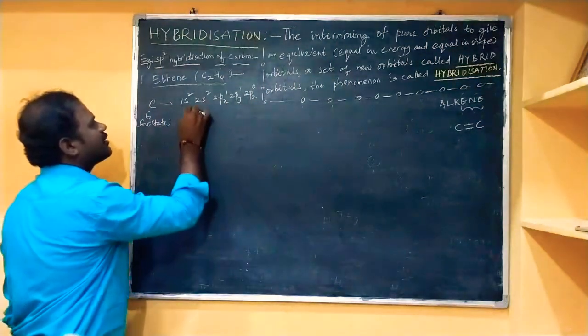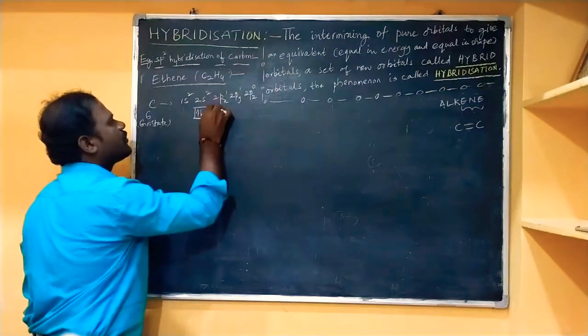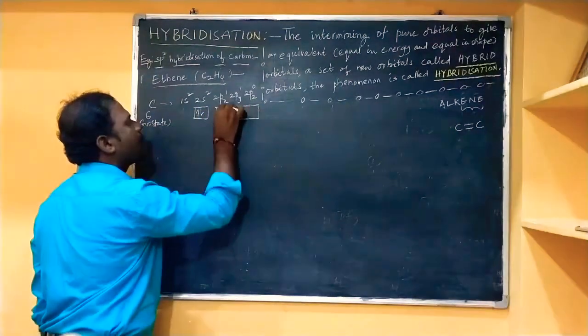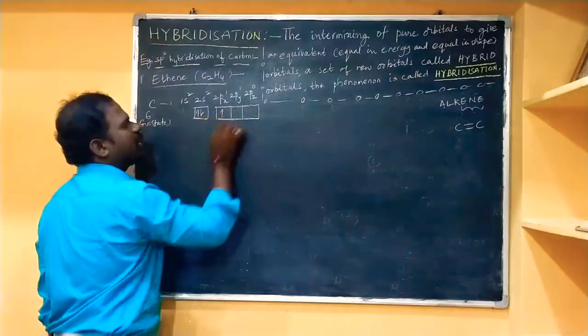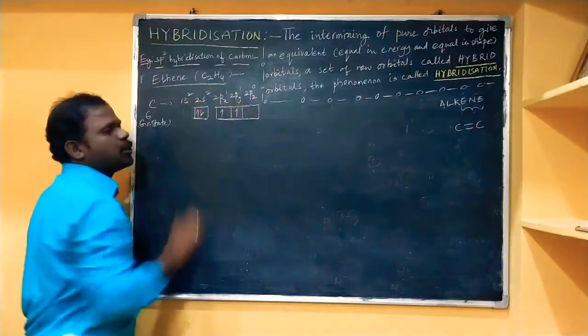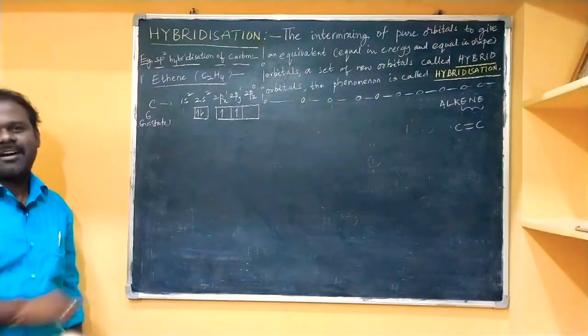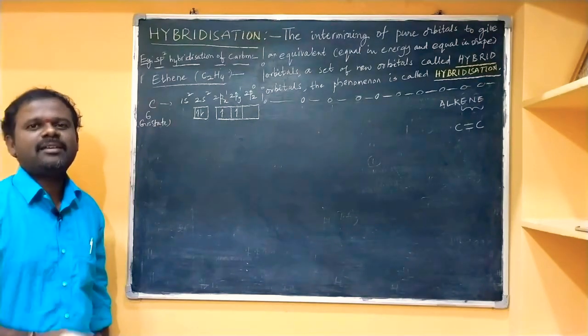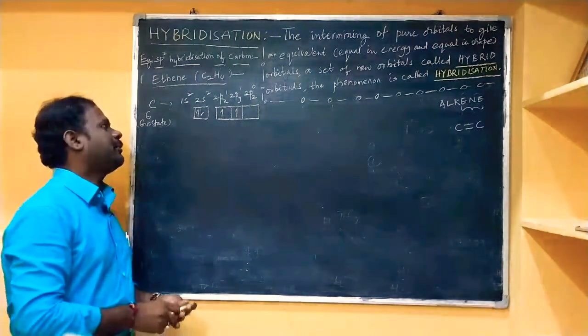We can represent it like this: 2s2, 2px1, 2py1, and 2pz will be the vacant orbital.